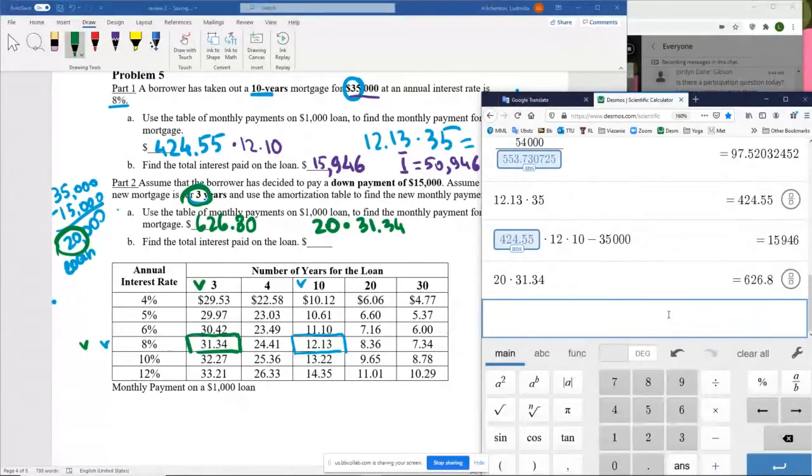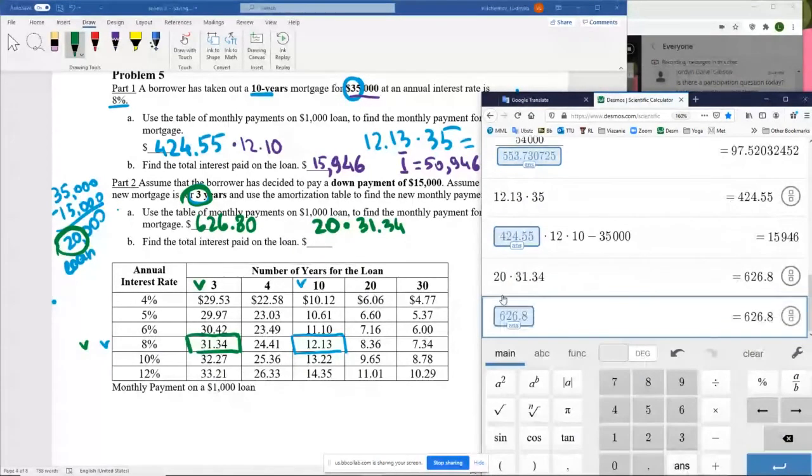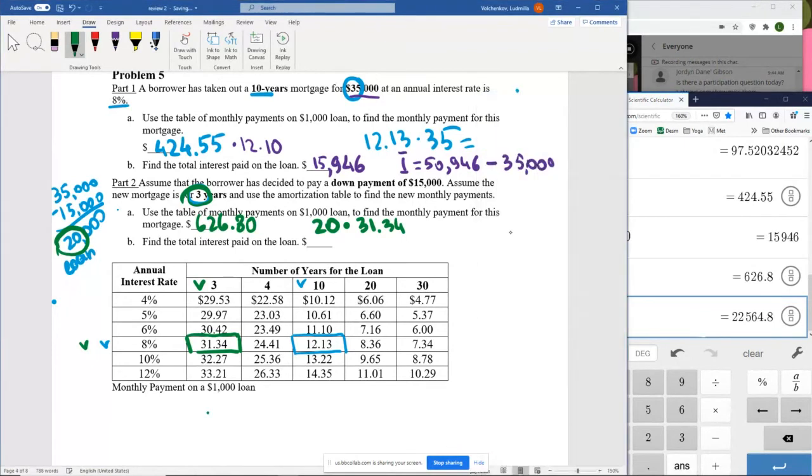So this regular payment will be paid every month during 3 years. So the total money that you will pay will be 22,564.8.